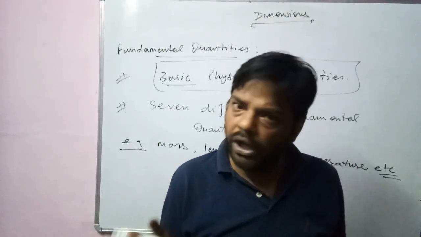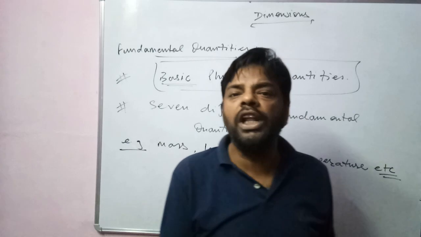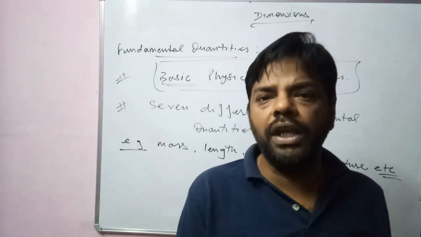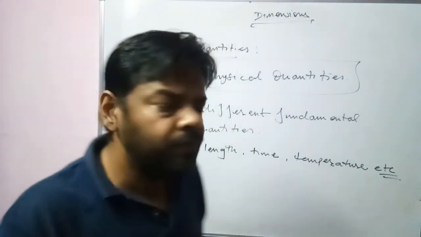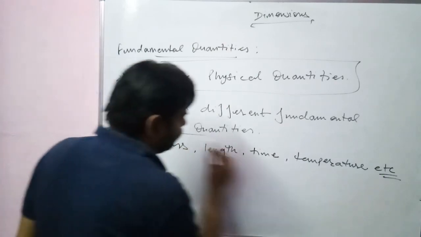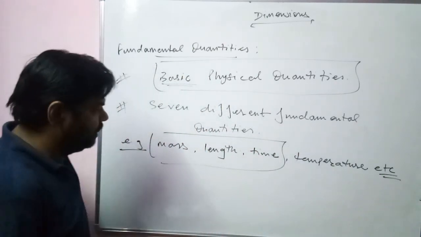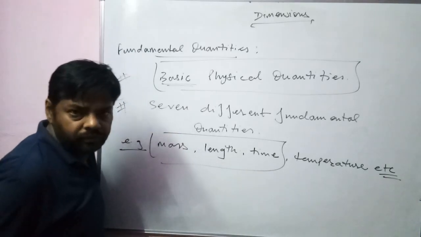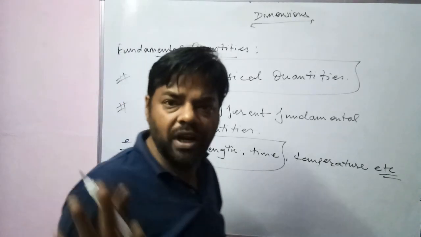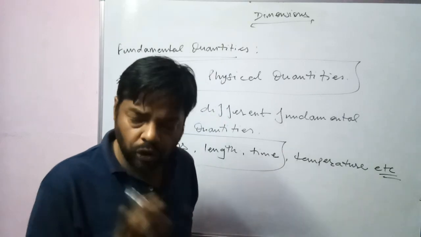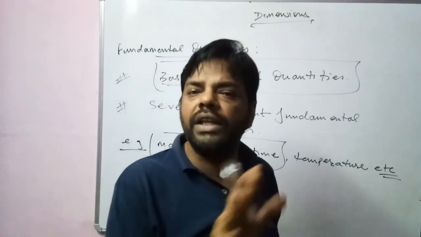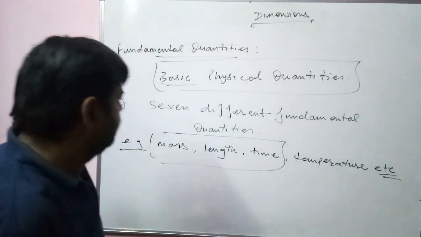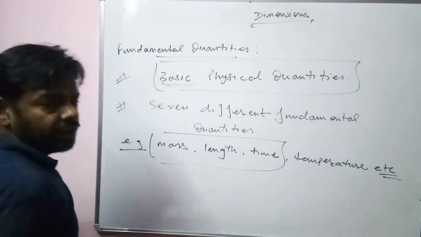And it is the only difference between the fundamental quantities and the derived quantities. Got it? So, for the first few lectures, you have to consider mass, length and time. There is no need of all the 7 fundamental quantities, we will require only mass, length and time.